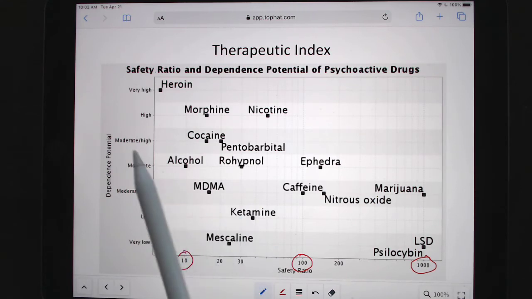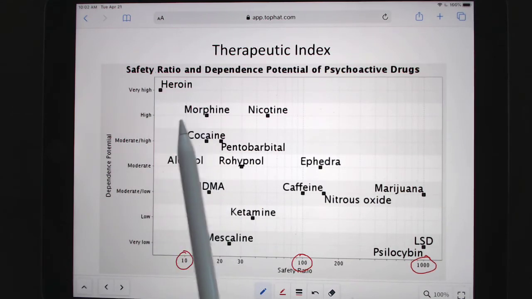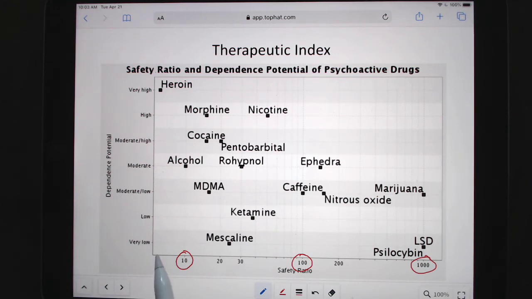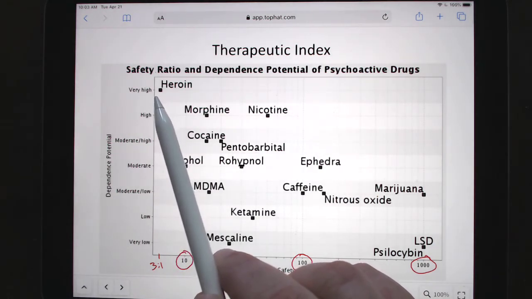What's really tough is things like morphine and heroin. Not only do they have a low therapeutic index, especially heroin, I think it's like 3 to 1, but it also has an incredibly high dependence potential.